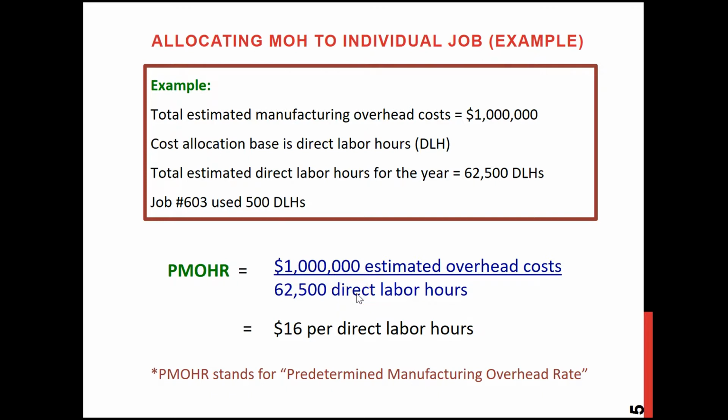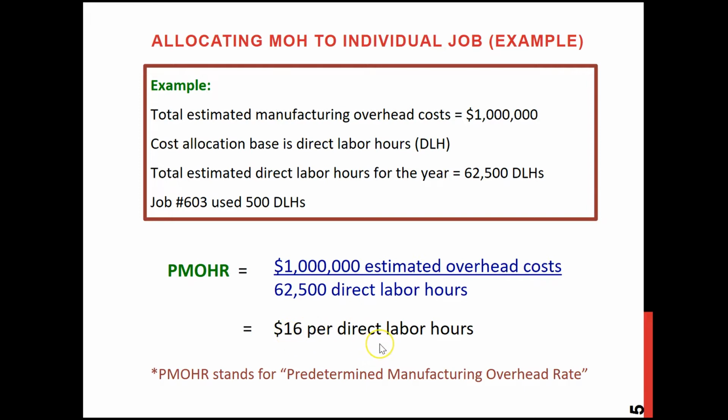So at the beginning of the period, you are estimating your total overhead and your total allocation base, and it's for all of those jobs that you are going to do. Once you divide these two, you will find your predetermined manufacturing overhead rate. It's estimated or predetermined. And the rate is $16 per labor hour. The company decided that their cost allocation base is labor hours, and the predetermined manufacturing overhead rate is $16.